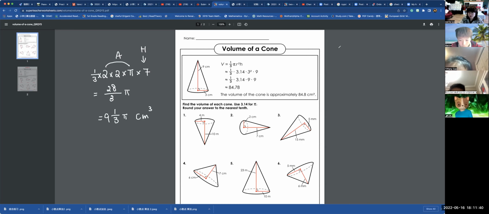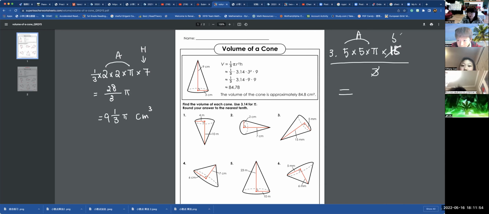Okay, so let's take a look at number 3. Number 3 is 5 squared times pi, that is the bottom area, times the height, which is 15, and divided by 3. So this time we're lucky, it's 125 pi millimeters cubed. Understood? So you're going to do 4, 5, and 6 yourself.